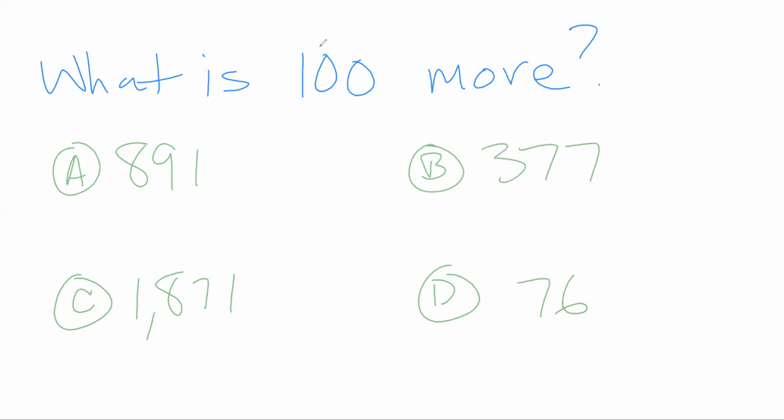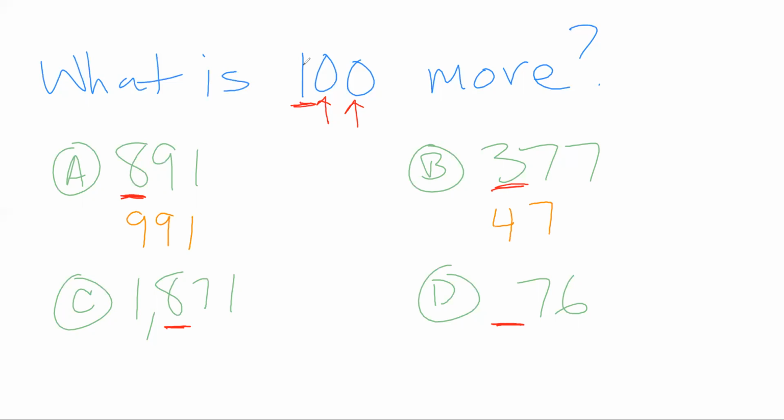Keep in mind again, the only place we're going to focus on is the hundreds place. The rest is filled with zeros, so nothing changes. So I would look at my hundreds, look at my hundreds, look at my hundreds, look at my hundreds. And then since it's 100 more, I'm just adding 1 more to that place value, right? Like we showed in that model. So this would be 991.